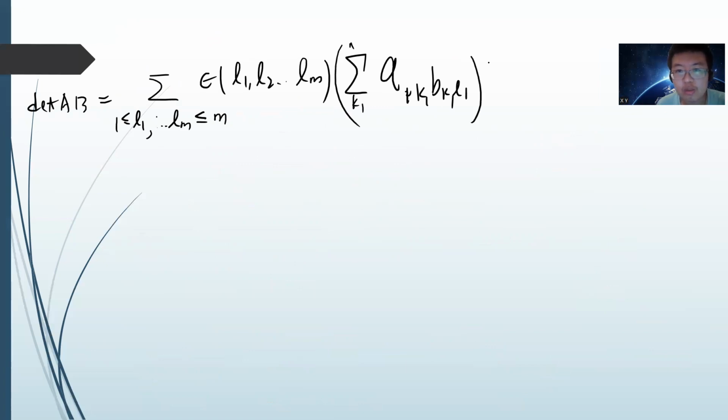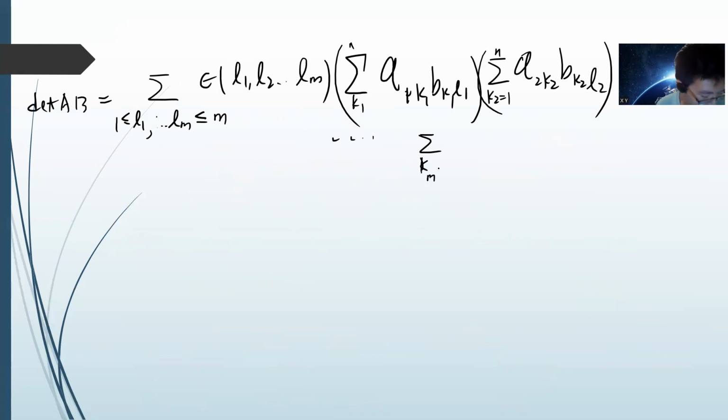Then another, with K2 from 1 to N, A2 K2 B K2 L2, up to Km from 1 to N, AM Km B Km LM. This is just right by definition.